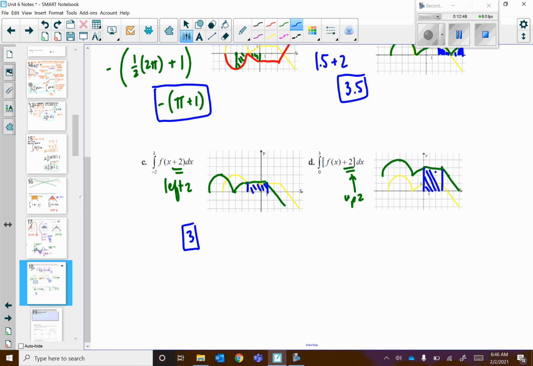Notice, because we moved the function up, this area goes all the way down to that piece. So what is that area? Pause the video, calculate it. I got an area of 9. So that is all the examples in 6.3, and you will have a notes video on 6.4 at some point soon.